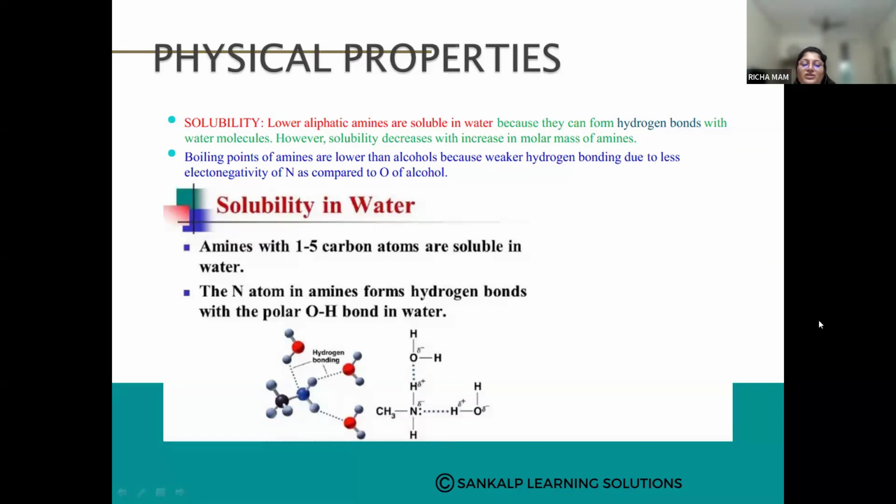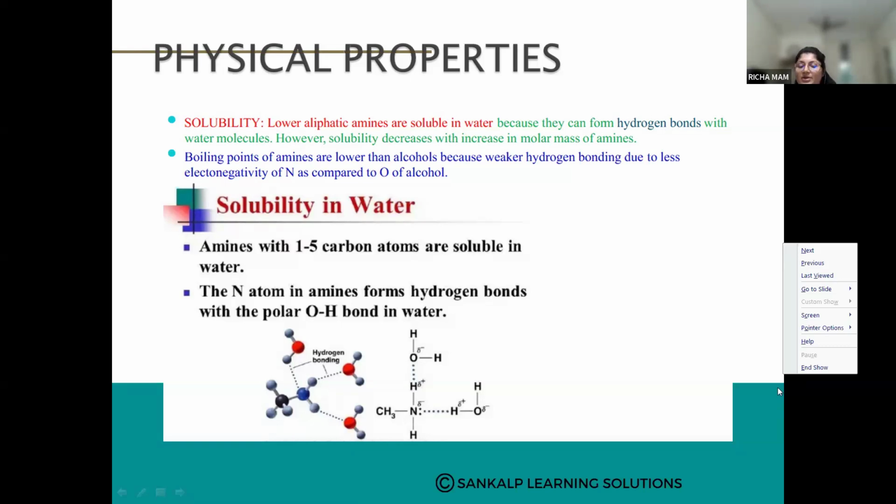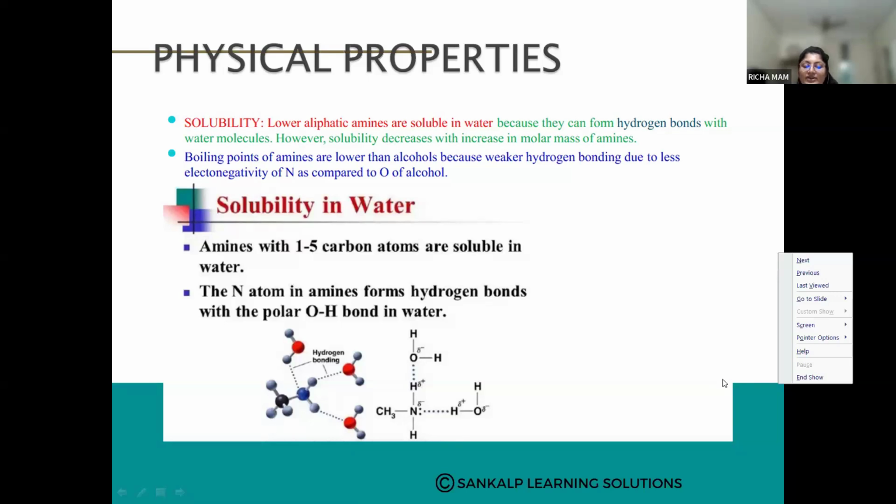Primary amines with three or more carbon atoms are liquid or solid with an ammonia smell. Is it clear? Lower aliphatic amines are gases that give a fishy odor, and primary amines with three or more carbon atoms are liquid or solid.